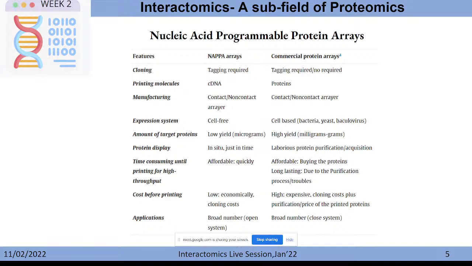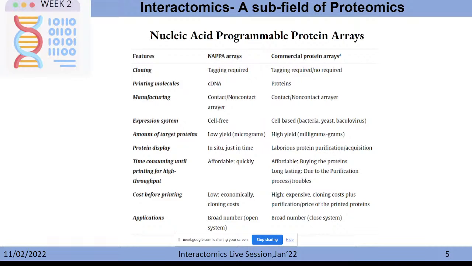So the major thing is to think about the concepts of NAPA and the commercial protein arrays: the requirement of those cumbersome cell-based expression methods, where you require cloning, the cells express your proteins, then you extract those proteins, then you purify all of it. To address all those problems, the NAPA arrays came along, which help you with just a cell-free expression system.